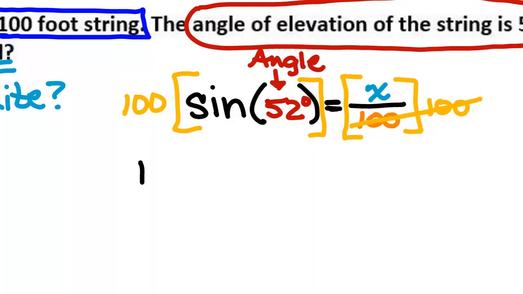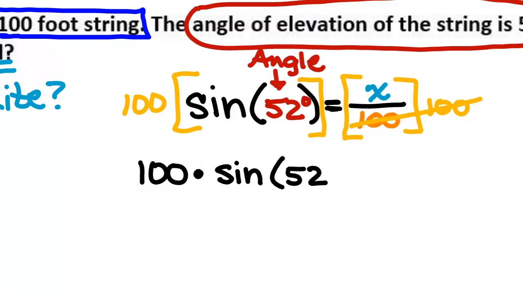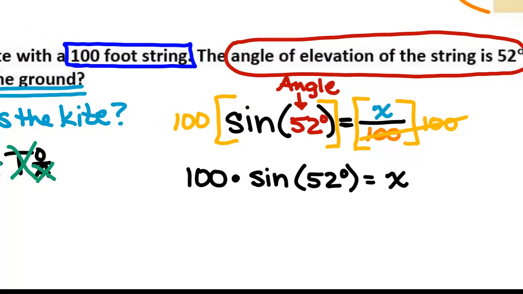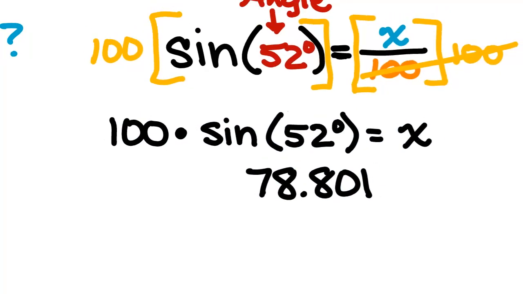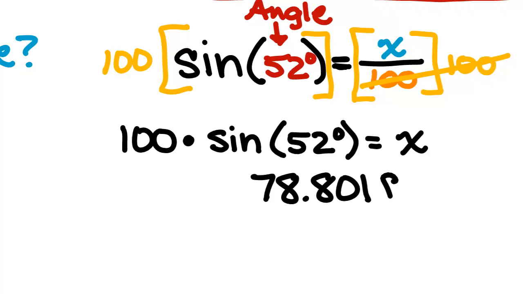Into my calculator, I'm going to put 100 times the sine of 52 degrees equals x. So 100 times the sine of 52 degrees would be what? 78.801. Should we put units with that? Feet. Absolutely correct.